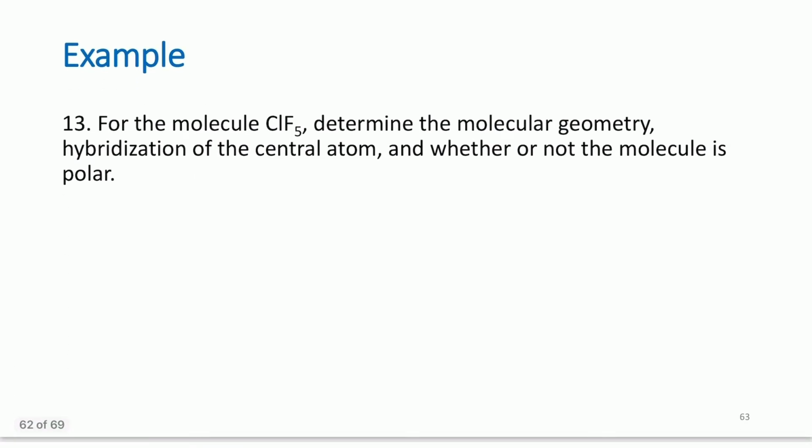For the molecule ClF5, determine your molecular geometry, hybridization of the central atom, and whether or not the molecule is polar. So pulling all these pieces in, just keep practicing these, okay? ClF5. Chlorine and fluorine are both halogens, so that's 6 atoms that have 7 valence electrons each. 6 times 7, 42.